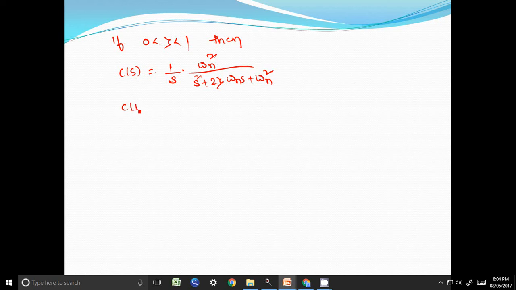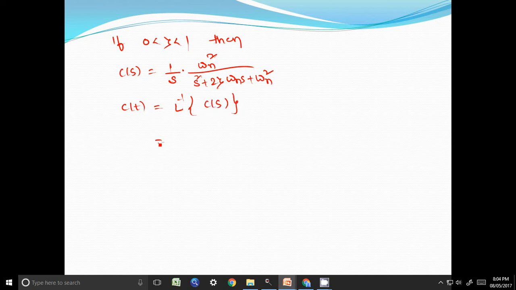Now the second case, the underdamped case. If zeta is between 0 and 1, then your output C(s) is 1/s into omega_n^2 / (s^2 + 2 zeta omega_n s + omega_n^2). So c(t) can be calculated by taking the inverse Laplace transform of C(s).